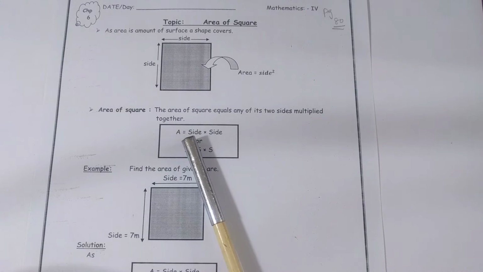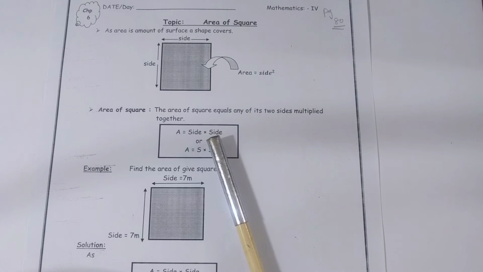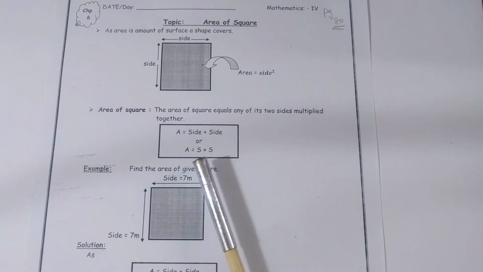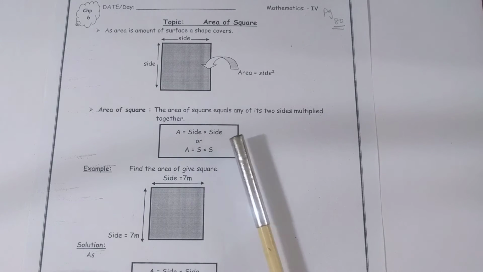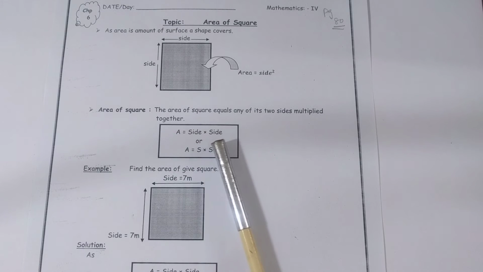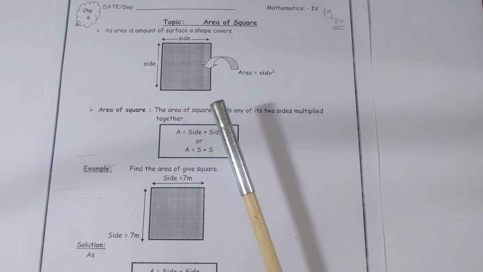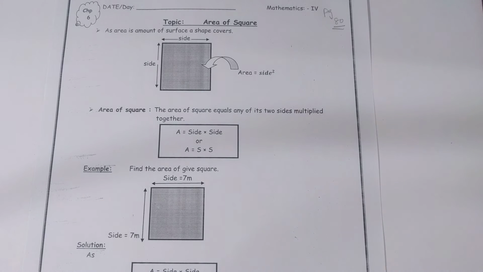So area is equal to side multiply by side, or you can just use the letter s multiply by s. This is a very simple formula to calculate the area of the square.